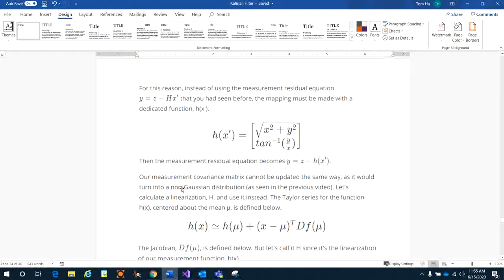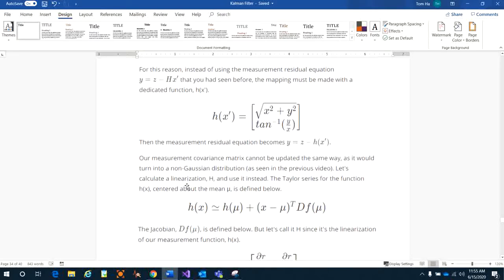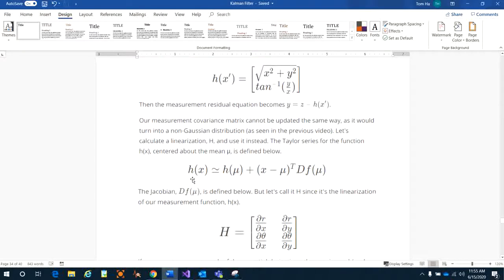And the measurement covariant matrix cannot be updated the same way. It has to be turned into a non-Gaussian distribution, and so let's calculate the linearization of h, okay, and we use the h right here to update the covariant matrix.